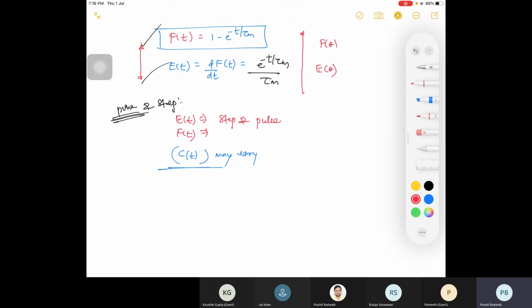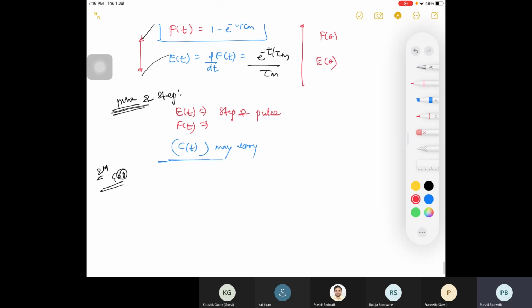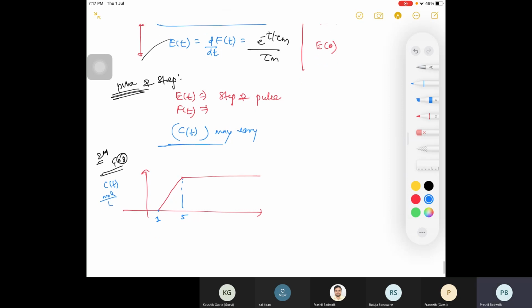Okay, now we'll quickly solve one question from GATE 2008, 2 marks. You have been given a curve. This is your C(t) curve in moles per liter, and this is your time.